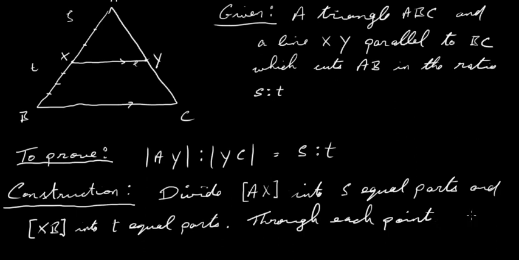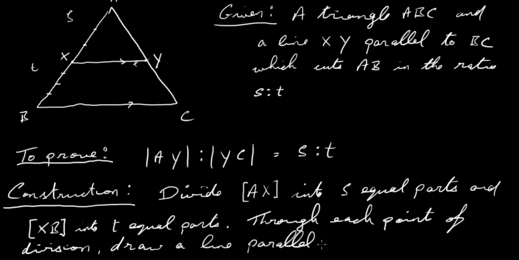Through each point of division, we're going to draw a line parallel to BC. So what we end up with here is, I'll do it in a different color. I'm going to draw a line across here, a line across here.